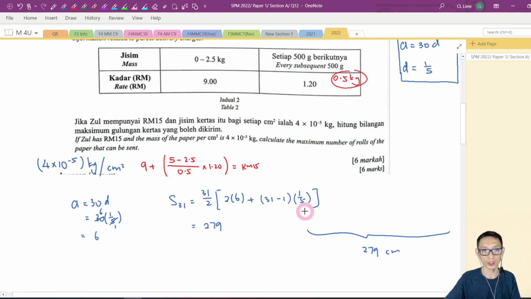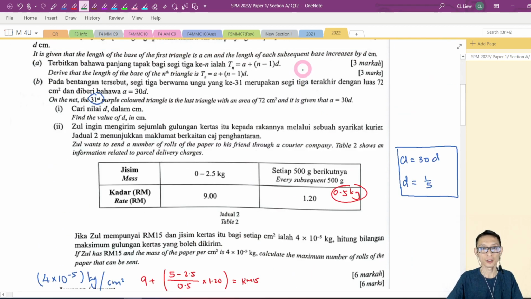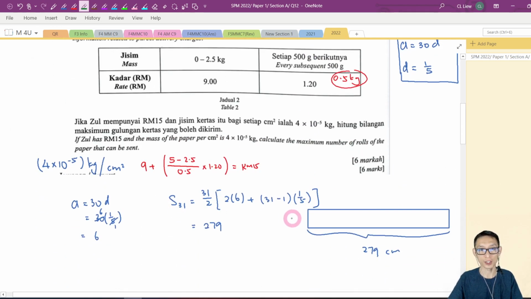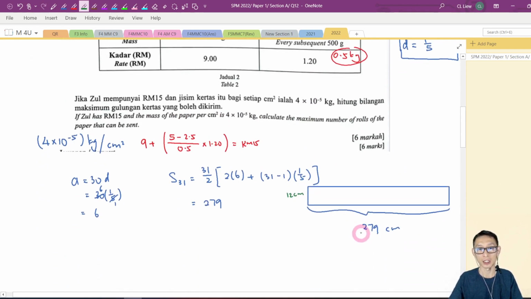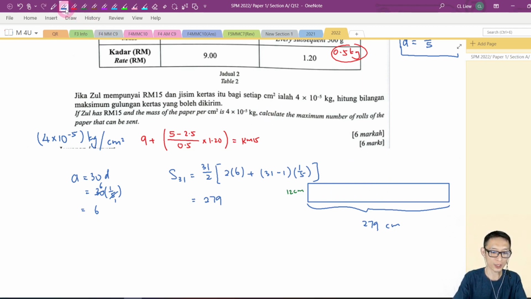Okay, let me draw it over here for you. Okay, 279 centimeters, and the height of the paper given by the question is 12 centimeter. Now, can I get the area? No problem, right? So what you need to do, just take 279 times 12 centimeters.